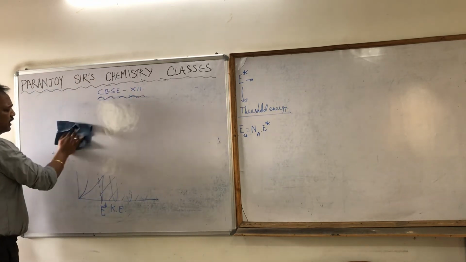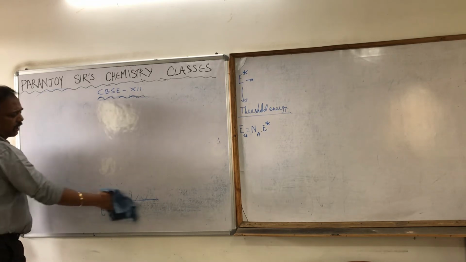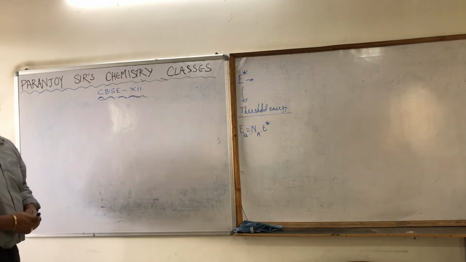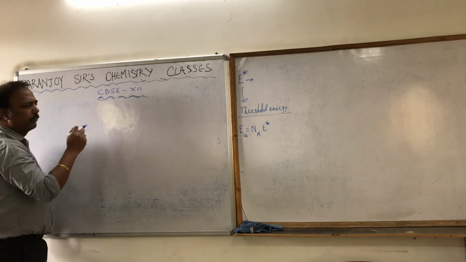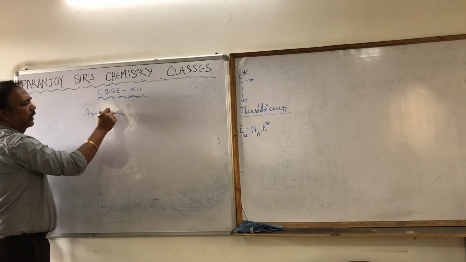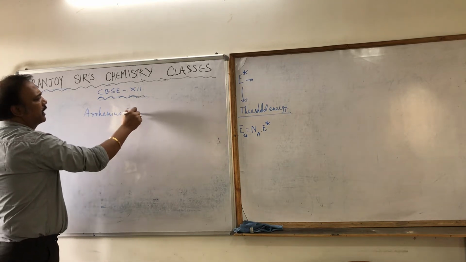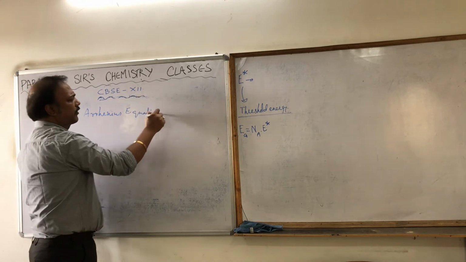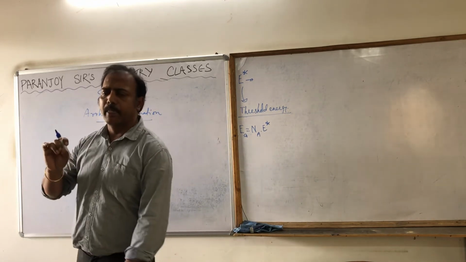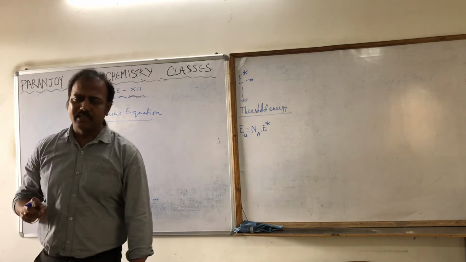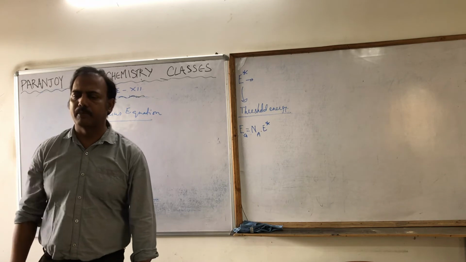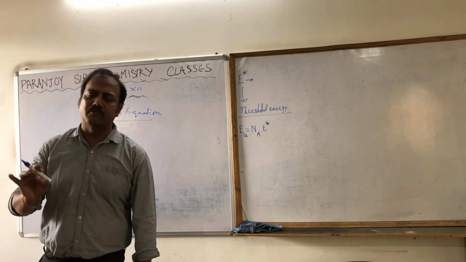Hence comes a scientist called Arrhenius. He did a lot of experiments, and he gave the relationship between K, that is the rate constant, and temperature, how it varies with temperature, very quantitatively.